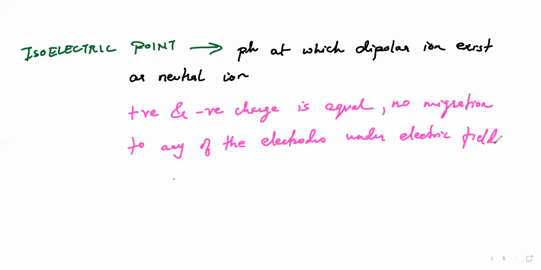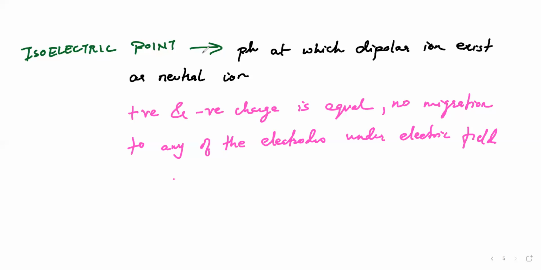This is called as what? Isoelectric point. Means there comes a point wherein whatever dipolar ions are there, they will exist as a neutral ion. Means there will be no migration of either positive charges or negative charges to any of the electrodes, that is anode and cathode.